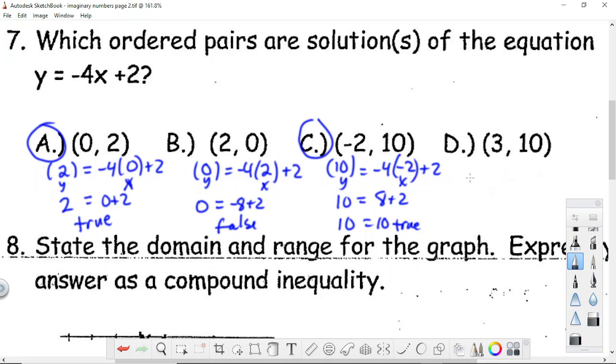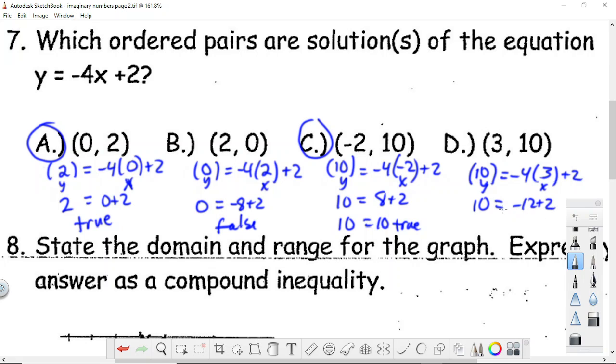Then the last one, y equals -4 times x plus 2. So for y we put in 10. For x we put in 3. We get 10 equals -12 plus 2. Don't let that fool you.